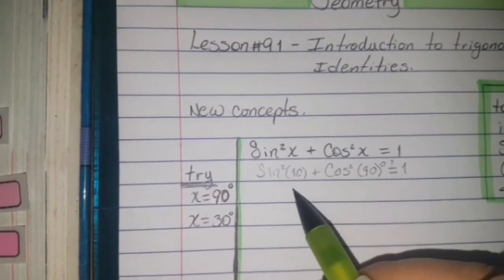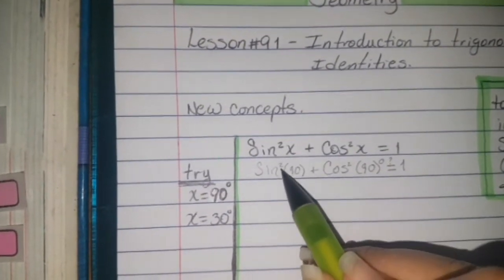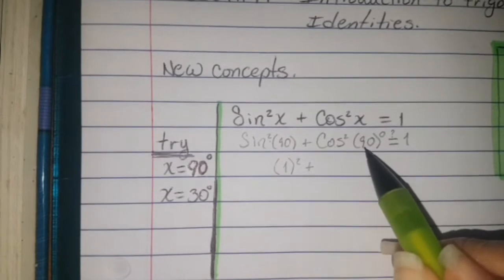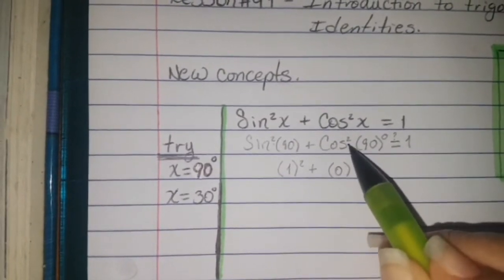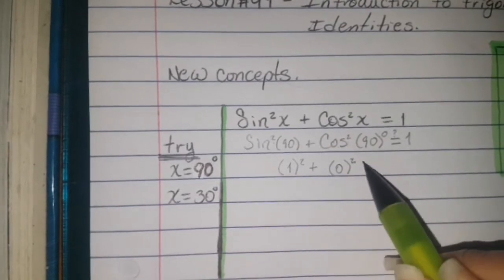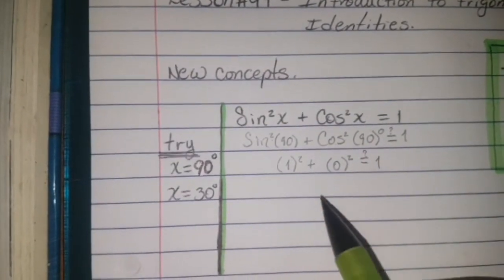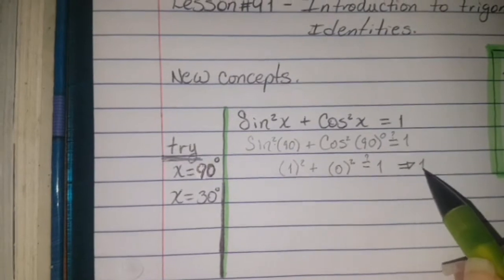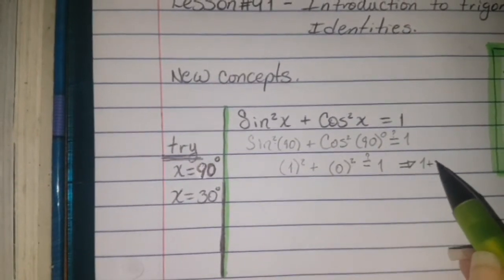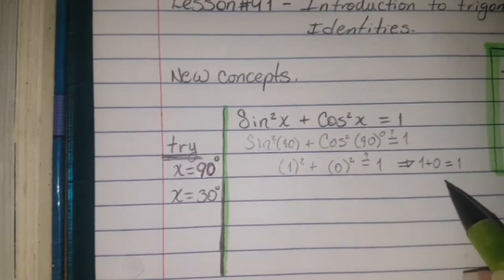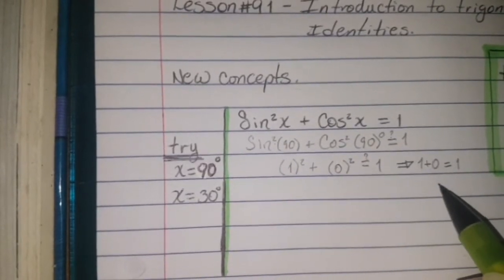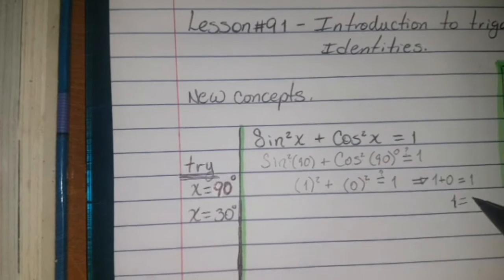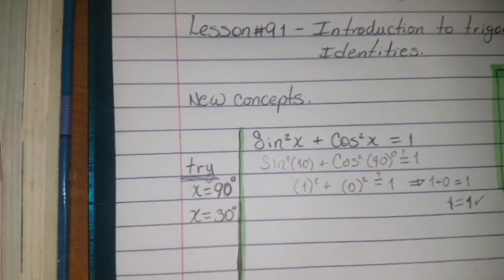The sine of 90 degrees is 1, and I have to raise it to the second power, plus cosine of 90 degrees is 0, raised to the second power. 1 to the second power is 1, and 0 to the second power is 0. 1 plus 0 is 1, and that equals 1. That's how we prove the trigonometric identity.